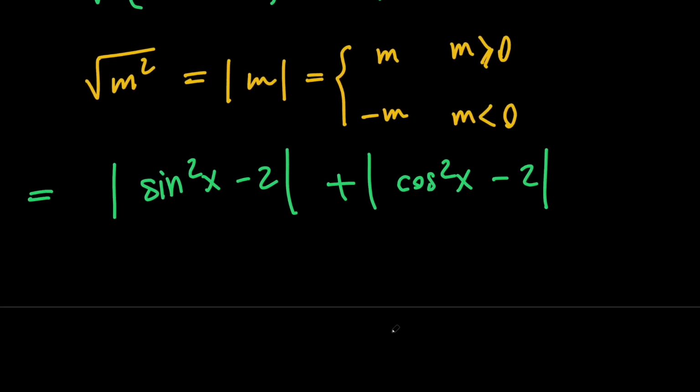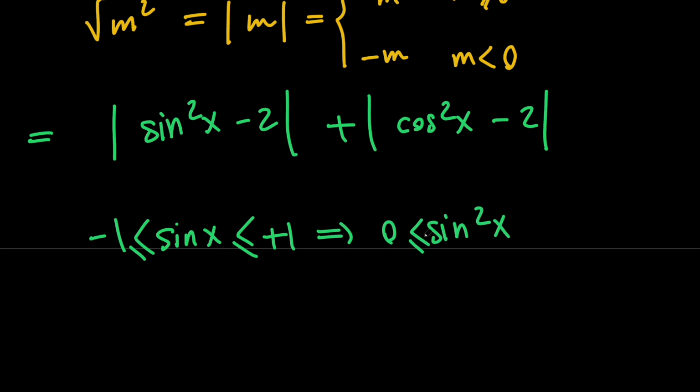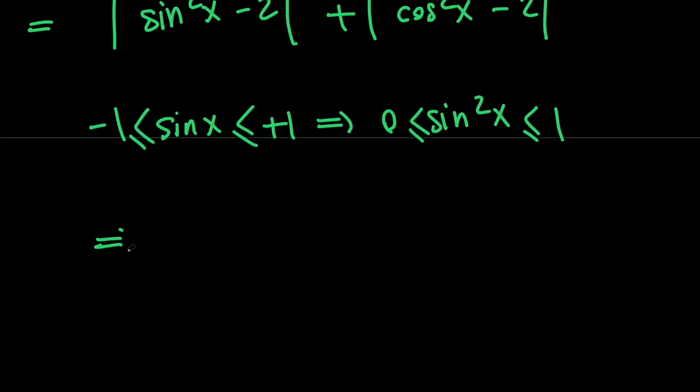Now, we all know that sine of x lies between -1 and +1, which means that sine squared of x lies between 0 and 1, which means that sine squared of x minus 2 is something negative.